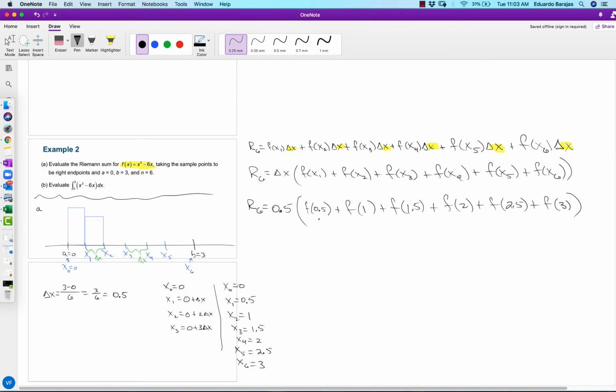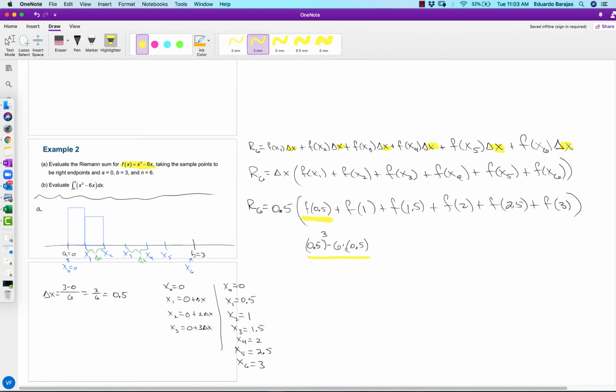Okay, so now each one of these values is determined by evaluating our function at each one of these points. So this first one is going to be 0.5 to the power of 3 minus 6 times 0.5, and that gives me this result.